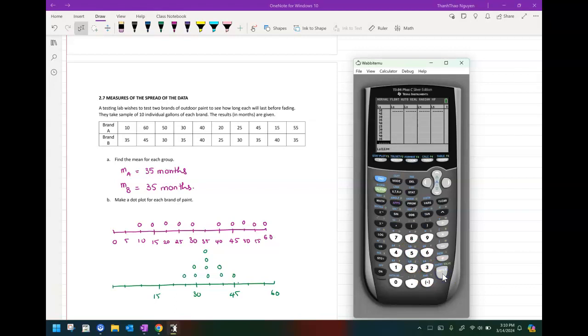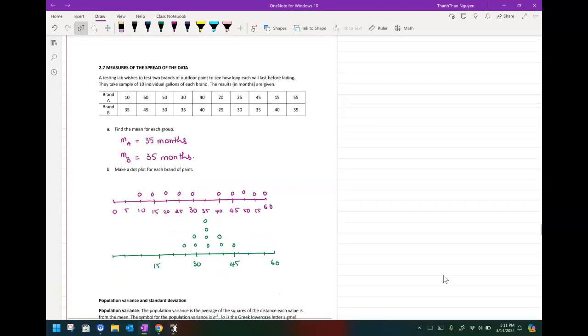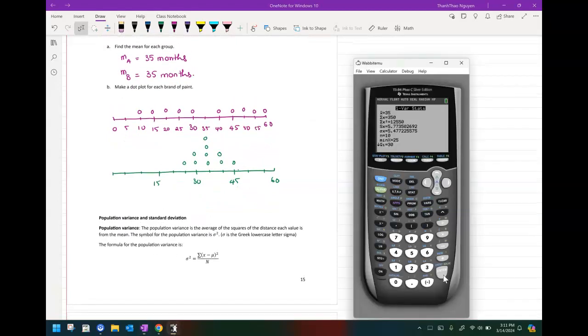We then press stat and we calculate list 1. So here we are told that the average is 35. The standard deviation is the sigma. Sigma x is 5.47, so 5.5.